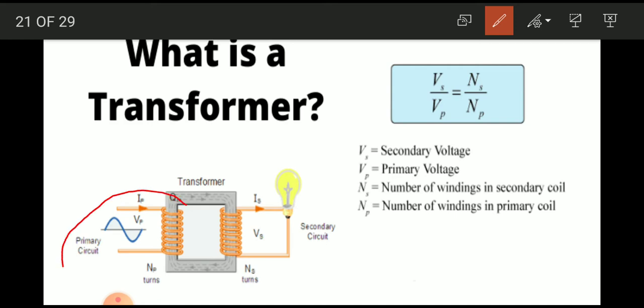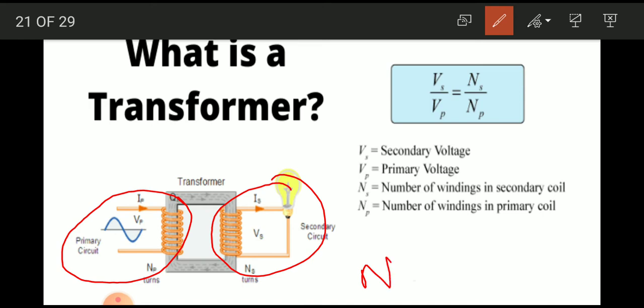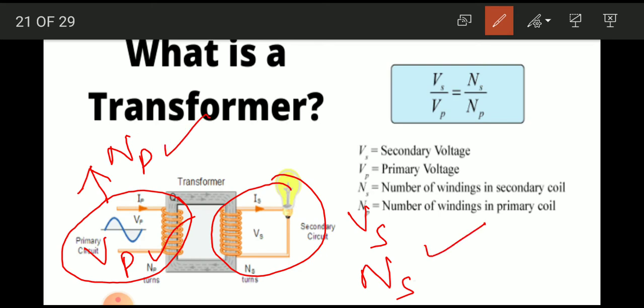This is called the primary coil. This is called the secondary coil. The number of turns on the secondary coil is represented by Ns, and here the number of turns is represented by Np. Here voltage is Vp and here voltage is Vs. Secondary voltage, primary voltage, primary number of turns, secondary number of turns.